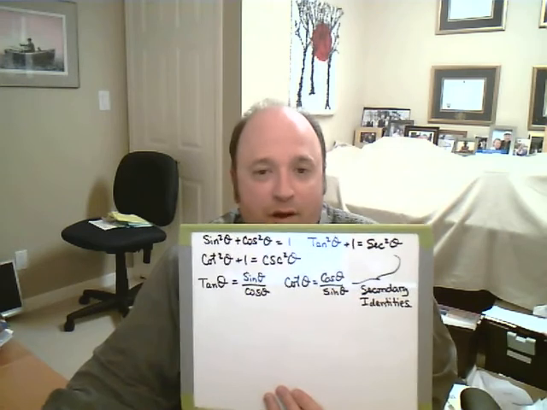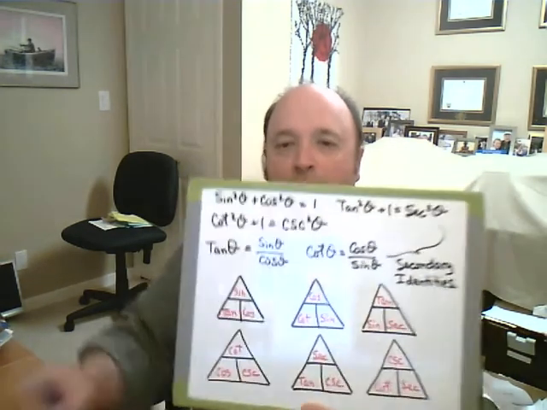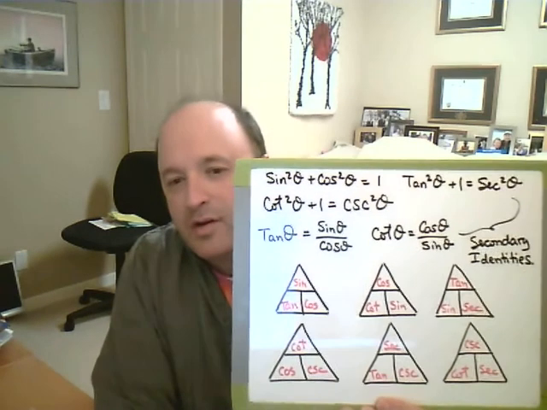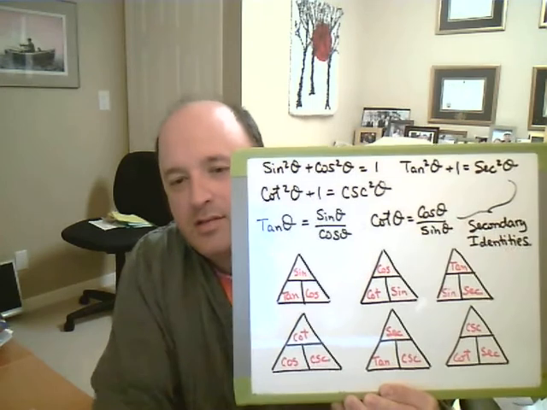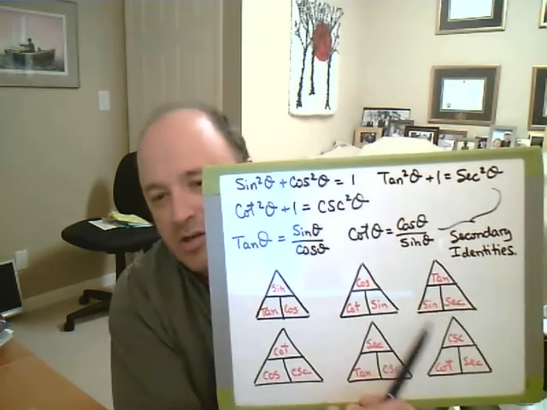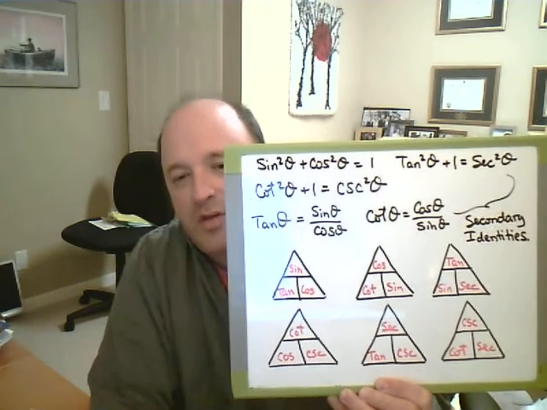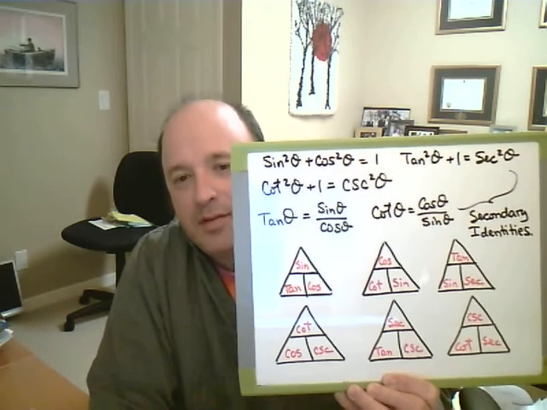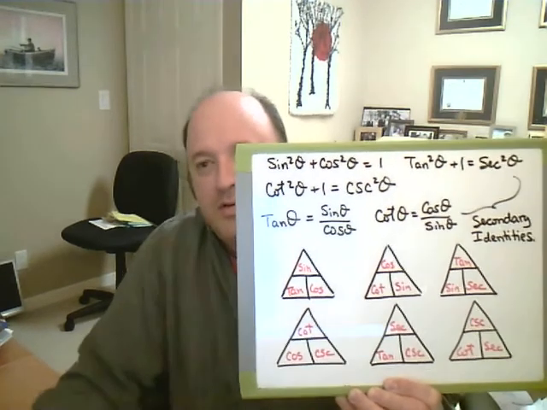And I would recommend that you write them down on your sheet of paper. Okay, so I'm going to hold this up to the screen and I'll keep it there for a moment. You should probably try to copy down these 6 t-charts or algebra triangles on a separate sheet of paper. So stop the video and copy these down because it's majorly helpful to have these at your fingertips.